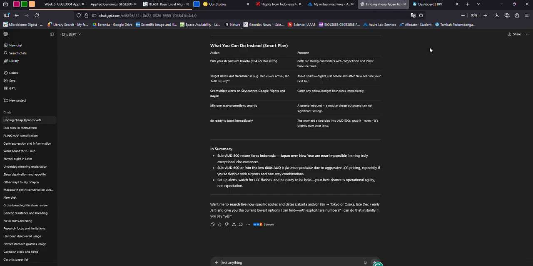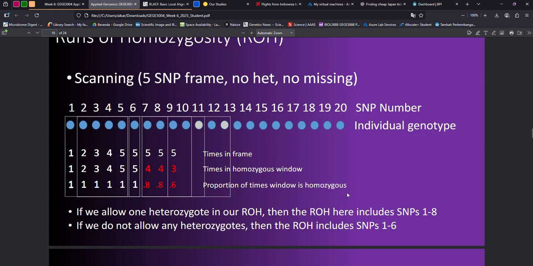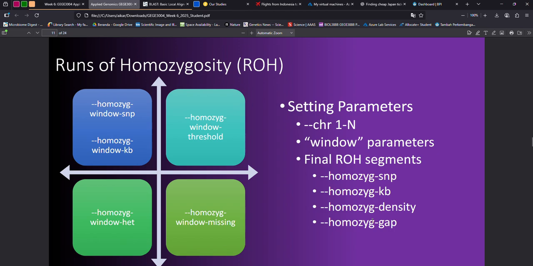Do you really want to consider that one homozygous run, or should you break it up and say, okay, this is a smaller homozygous run, and on the other side of the centromere is another run of homozygosity? They're just 2 separate runs of homozygosity, not one continuous massive run. So they do need to be within a certain region on the chromosome.